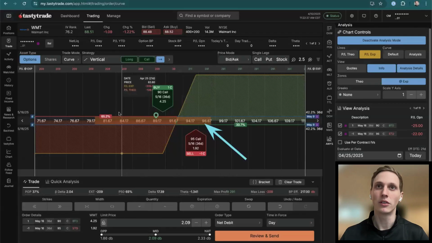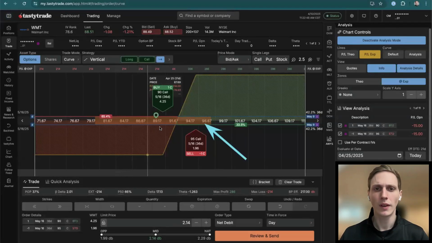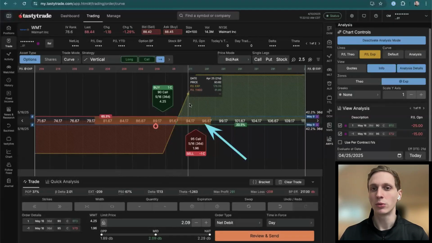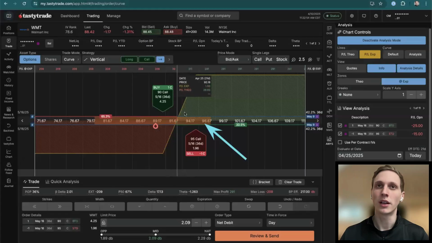Conversely, if it trades way down to say $83, we would be at a profit or loss of about negative 212. And you can also see all the prices in between based on where this underlying is going to end up at expiration. So this is simple enough in terms of looking at your at expiration.